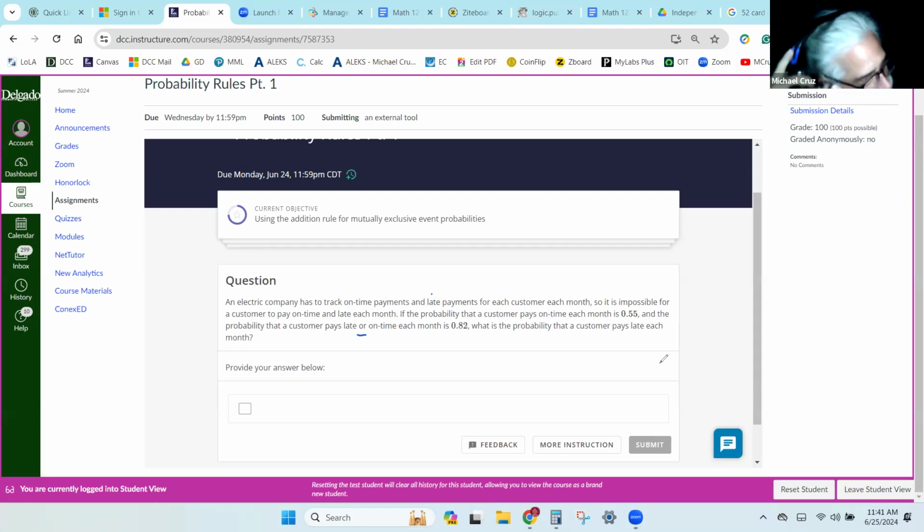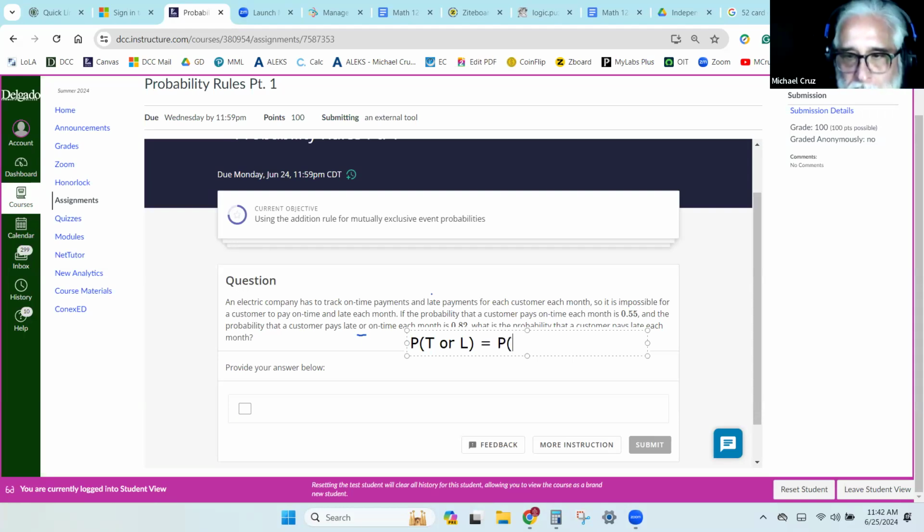We don't have to use the formula, but we just need to set it up with these values in place. So I'm going to write it out: on time or late is equal to the probability of on time plus the probability of late. And this one here is 0.82.